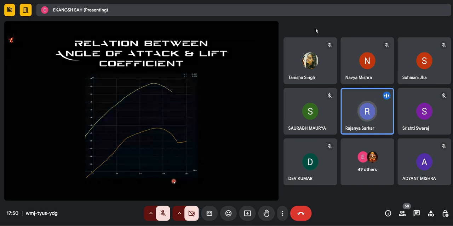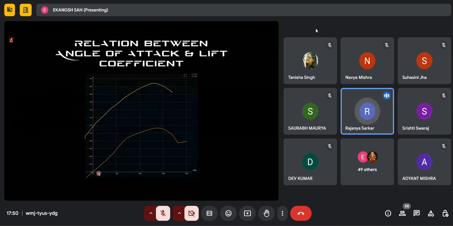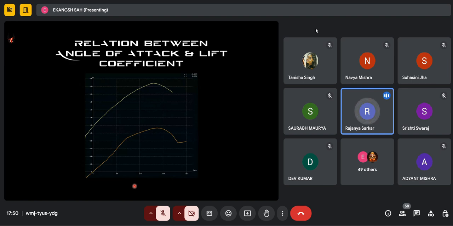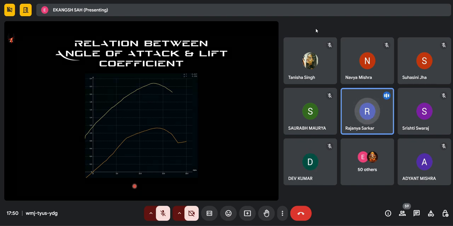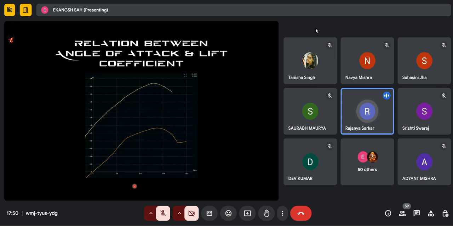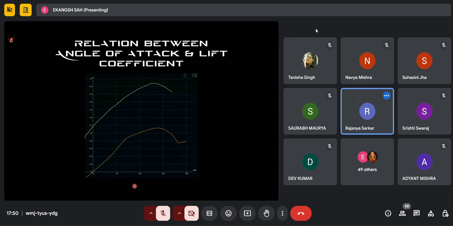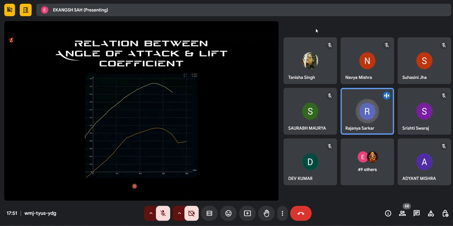We have two plots here, one is the upper one and one is the lower one. Which kind of airfoil does each plot represent? You have to say which one is symmetric and which one is unsymmetric. Answer in the chat box.